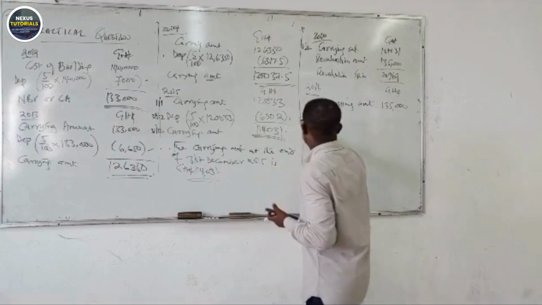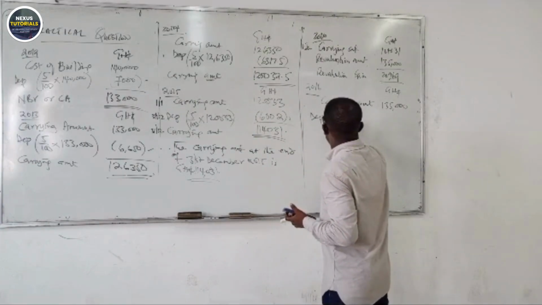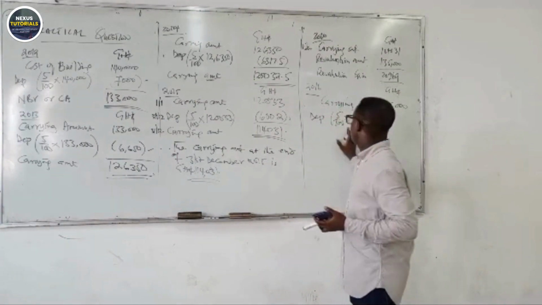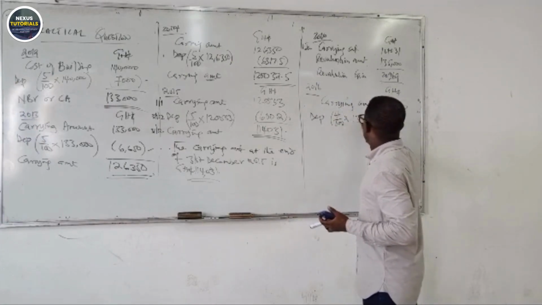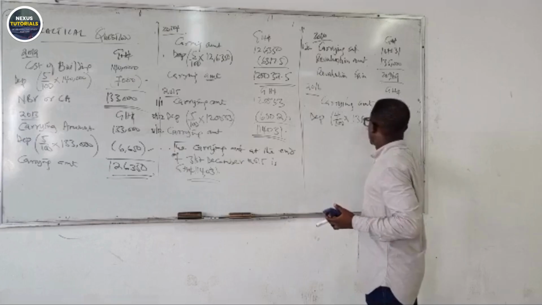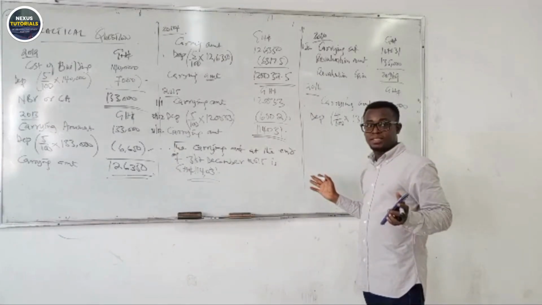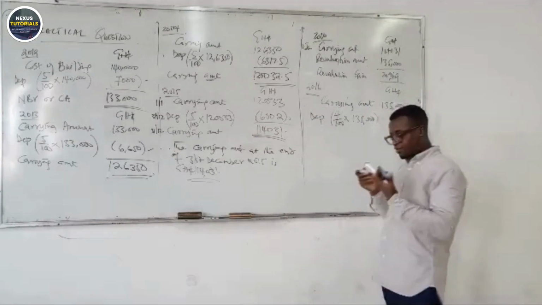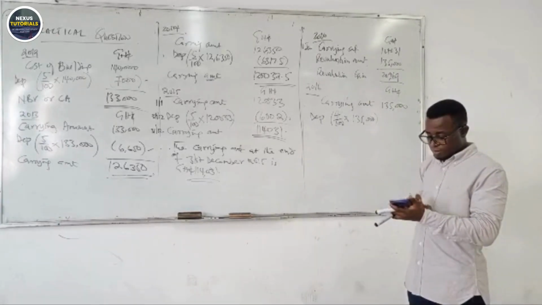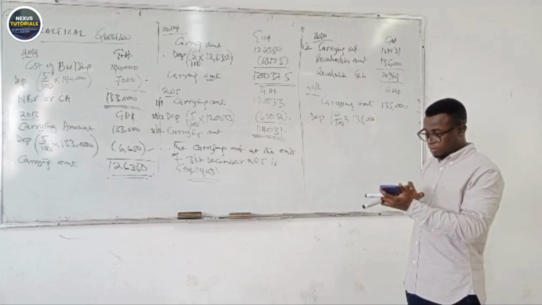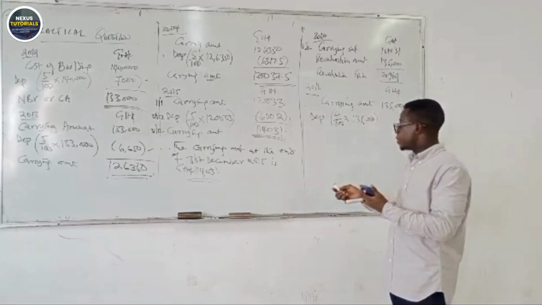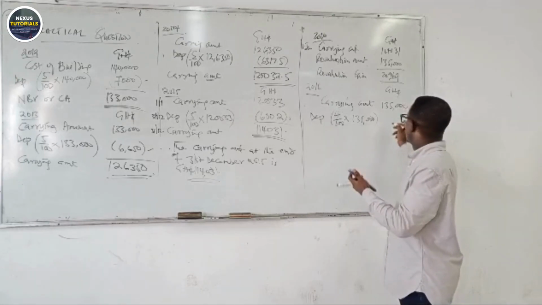Which will be what? 4 over 100 times what? 135,000. That's when we start. So what's the value we're going to have? $5,400.